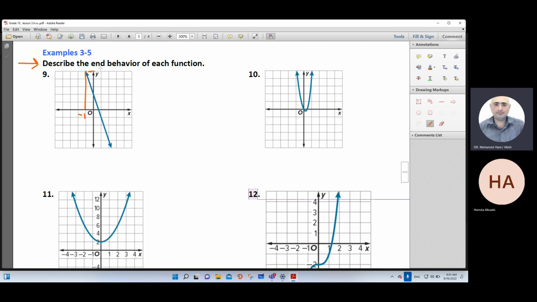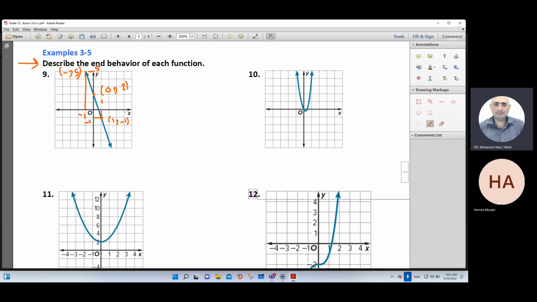So this is 5. So here we have (-1, 5). In this point, 0 in the x and 2 in the y. And if you take this point, this is 1 in the x and -1 in the y, (1, -1).